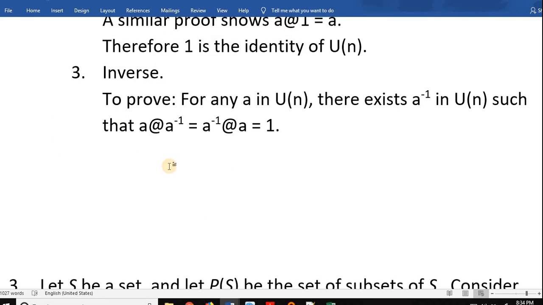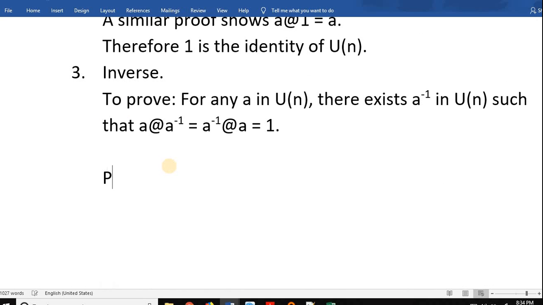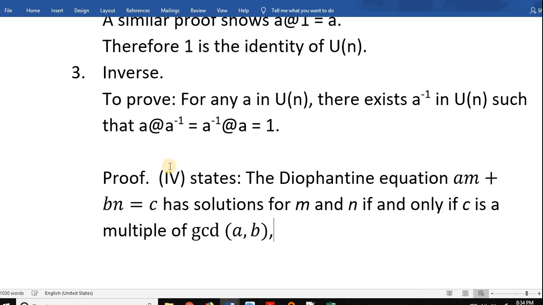Okay, so let's go ahead and do the proof. Let's see what we want to do here. Now, when we want to get an inverse, we want the thing on the right-hand side to be 1. So I'm going to let c equal 1.